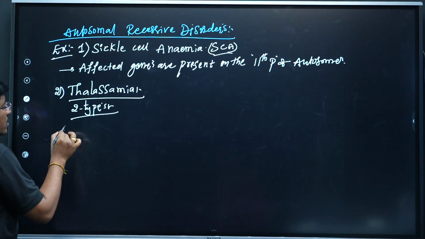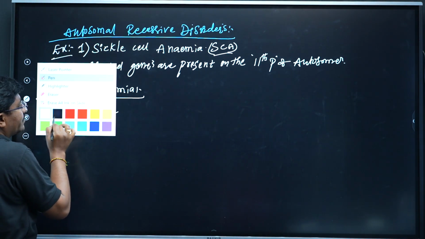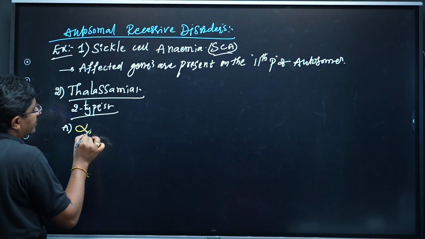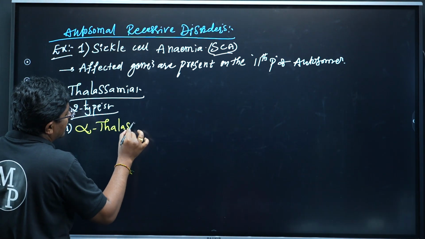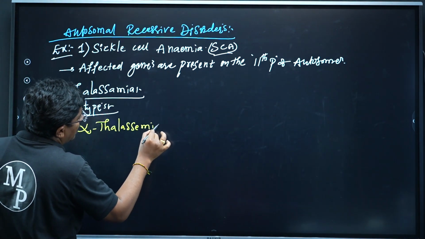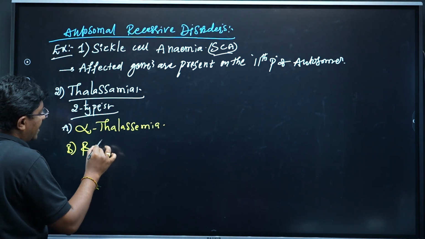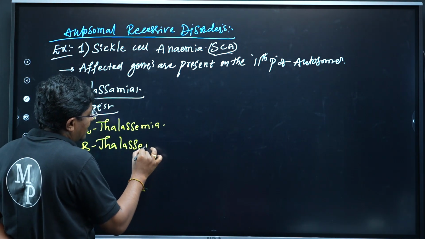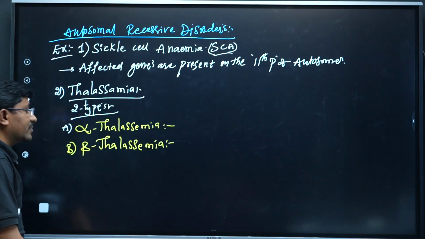One is alpha thalassemia, and the second one is beta thalassemia.